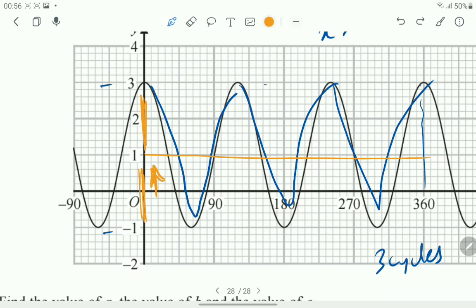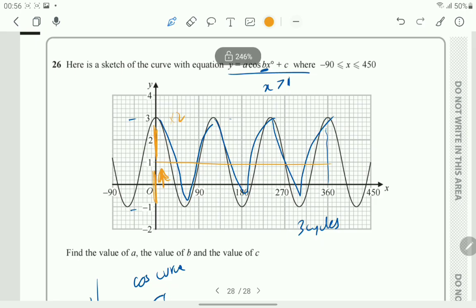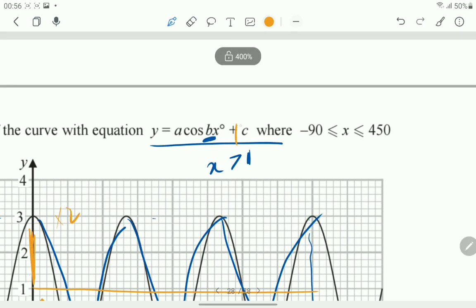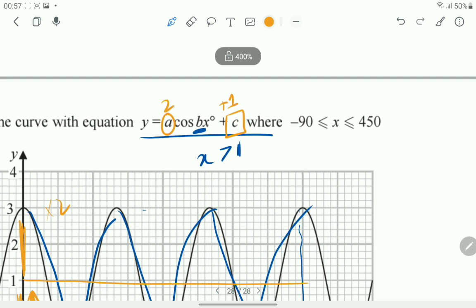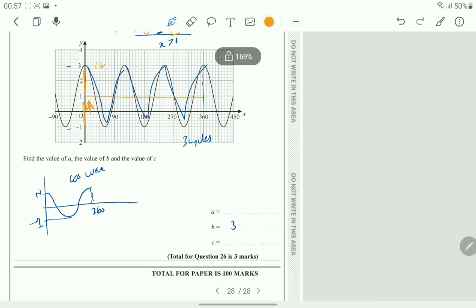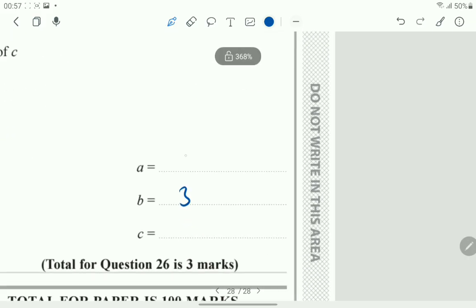So we can see that every y value is now multiplied by 2, and the graph has moved 1 unit up as a whole. When the graph is moved 1 unit up as a whole, it is usually when the whole equation is added to. So this gives us +1, and since every value is now reaching up 2 times its norm, this gives us 2. So writing down the values for a and c, we get a equals 2 and c equals 1.